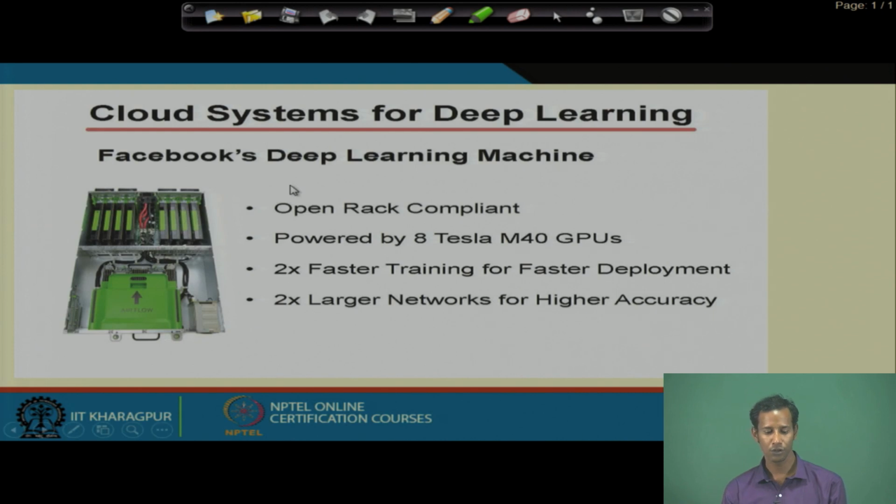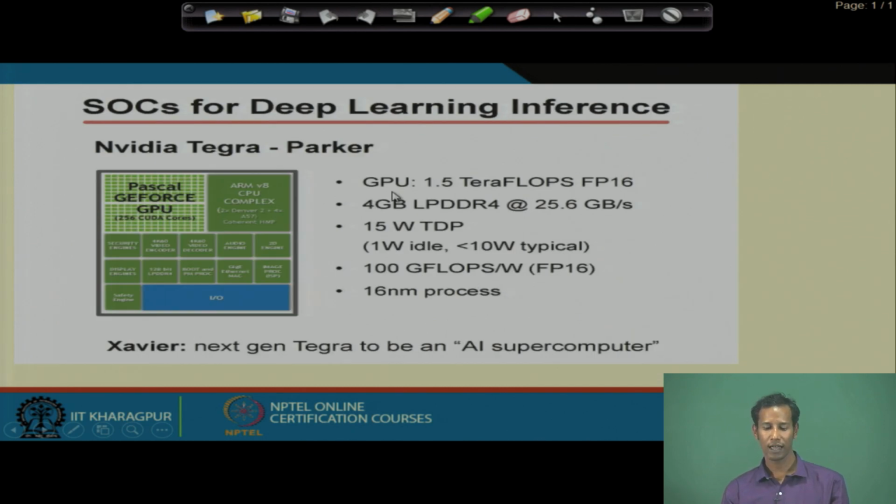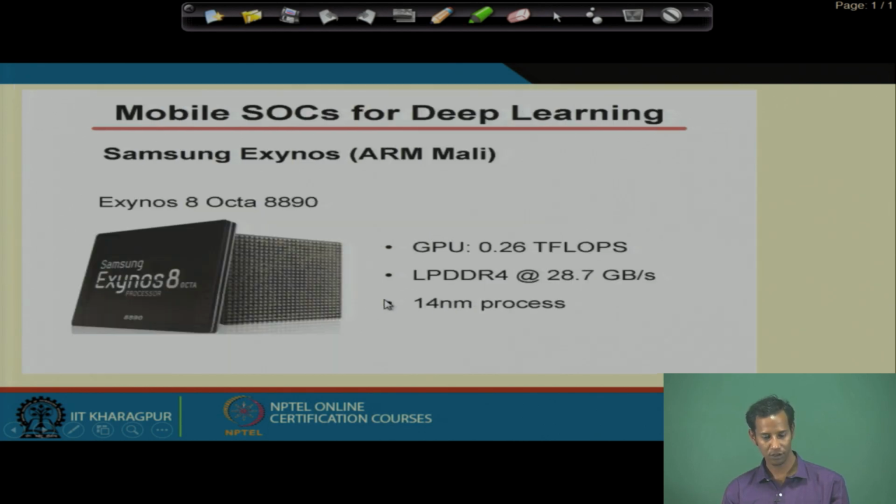This is one of Facebook's deep learning machines, powered with M40 GPUs. Then we have the NVIDIA Tegra, whose GPU is 1.5 teraflops, using the 16 nanometer technology.